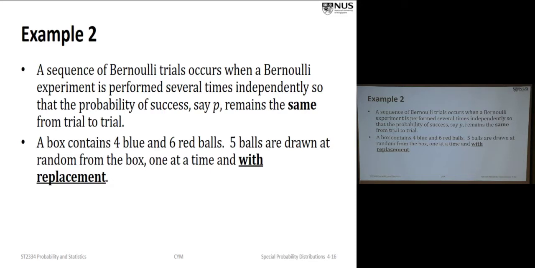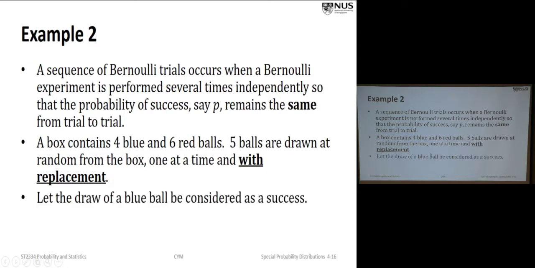All right, record down the first ball we draw, whether it's a blue ball or non-blue ball. Then now the box still has 10 balls, 4 blue and 6 red. And it does not matter what you get in the first ball, what color you get in the first draw. All right?